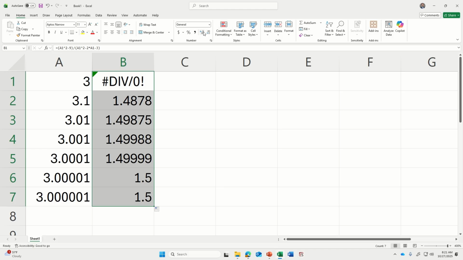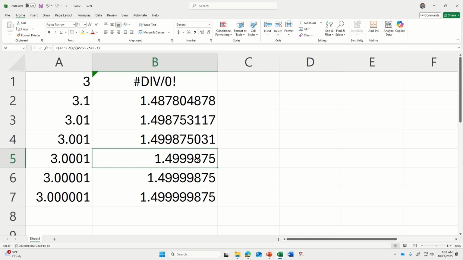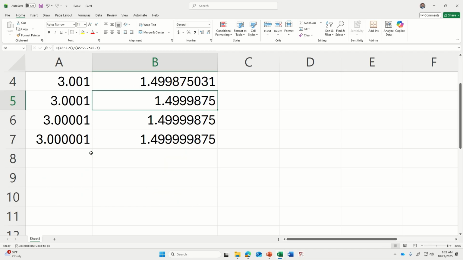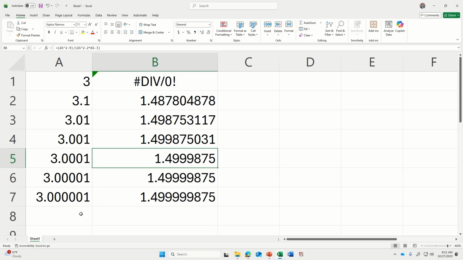And so you can get as much accuracy as you want just by getting closer and closer on the right side. And then the same thing on the left side here.